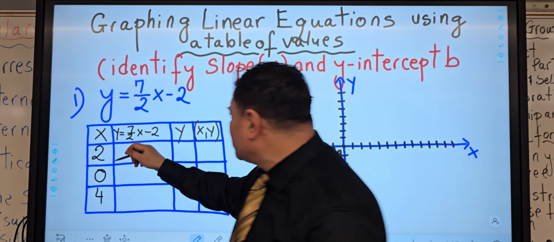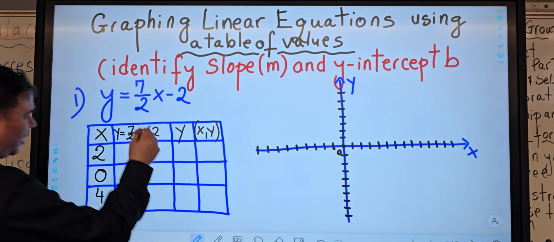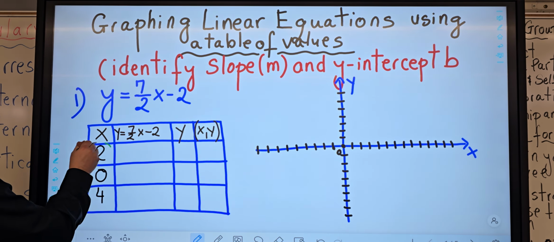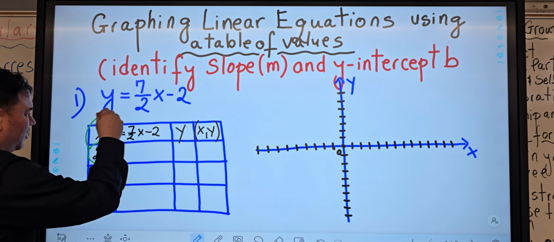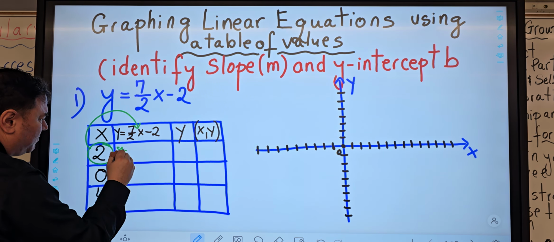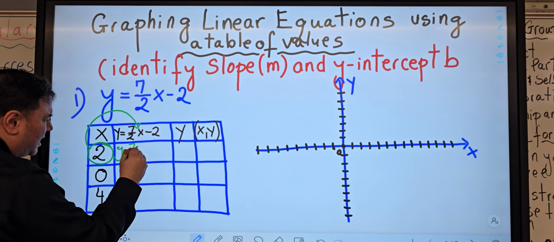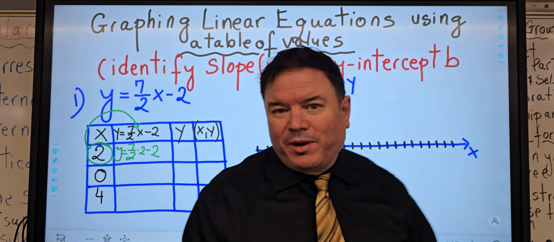And now let's plug those values into the equation and solve for y. We are going to plug in the 2 first. So 2 is going to go into this x. Now we have y equals 7 over 2 times 2 minus 2. Be very careful now.